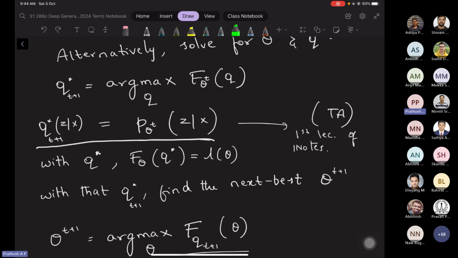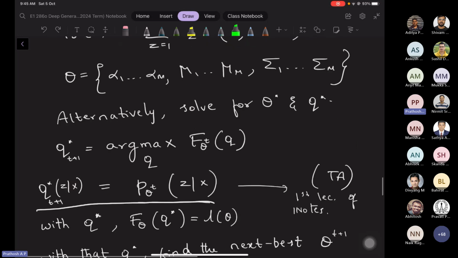That's the reason the jump from mixture models to VAEs is because of this fact. Had we known p theta of z given x, then the problem of latent variable models is solved because you have the EM algorithm and this can be done. But since we will not know what p theta of z given x is, that is why we need to move to something else. So please note this, everyone, I'm reiterating it.